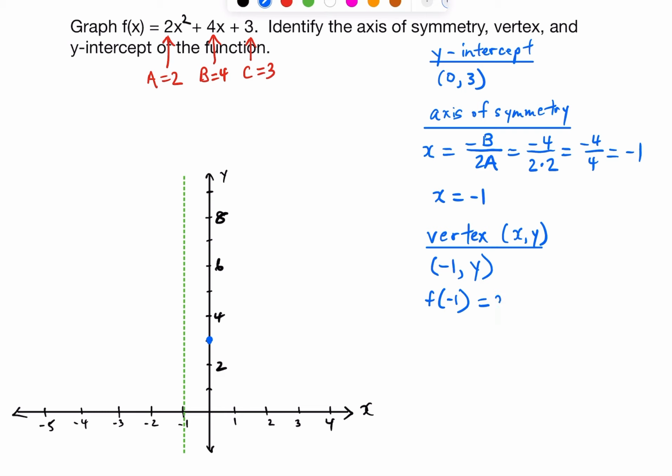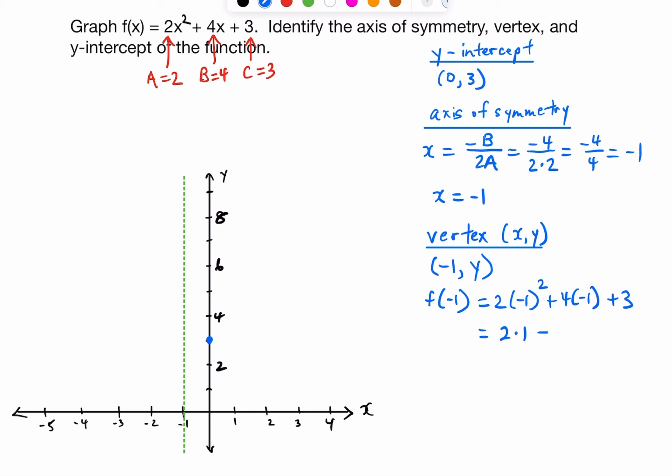So this will become 2 times negative 1 squared plus 4 times negative 1 plus 3. Now we can go ahead and simplify this. This is equal to 2 times 1 because negative 1 squared is 1.